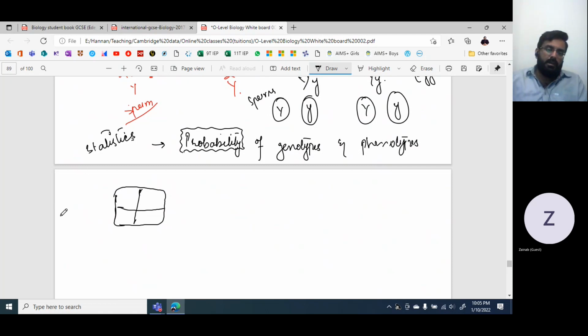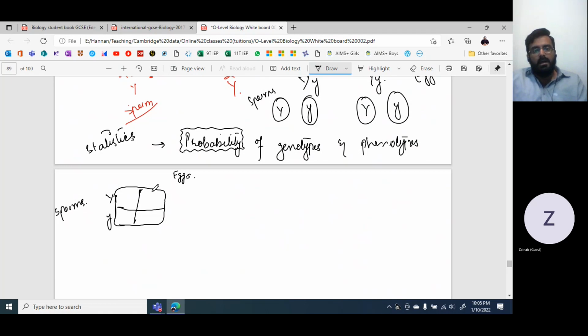For example, we are going to mention the types of sperms on the vertical side. How many types of sperms are there? Capital Y, small y. And we are going to mention the types of eggs on the upper horizontal axis.